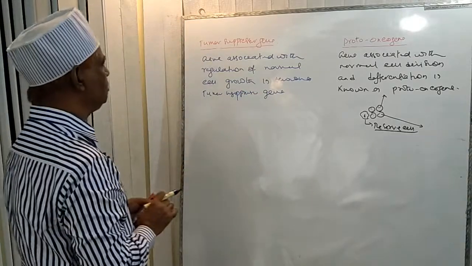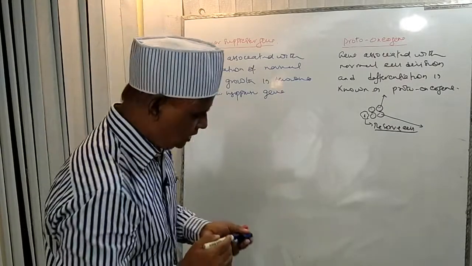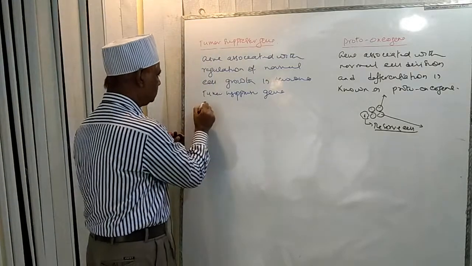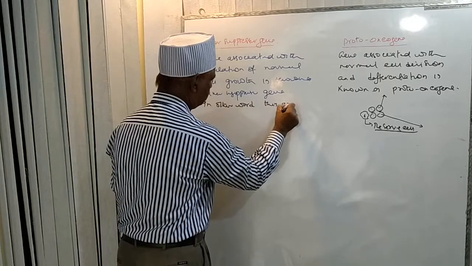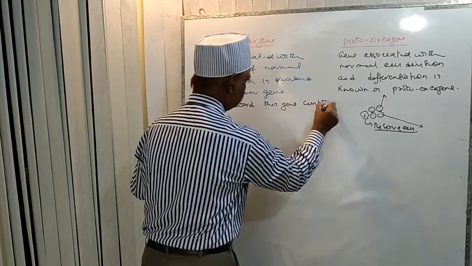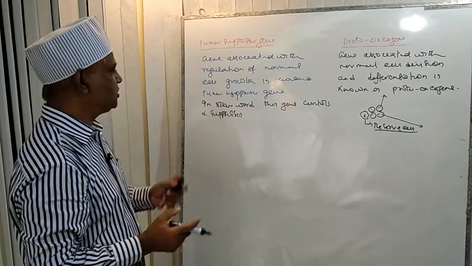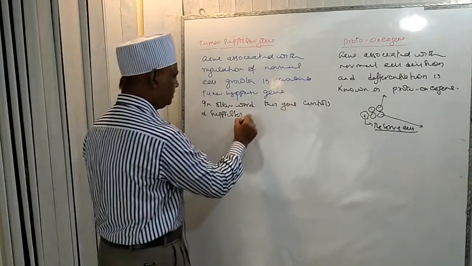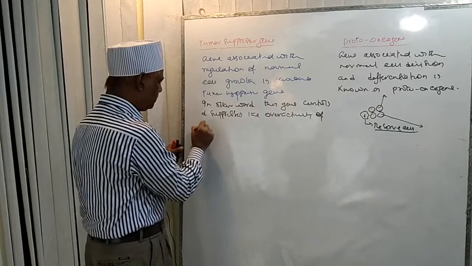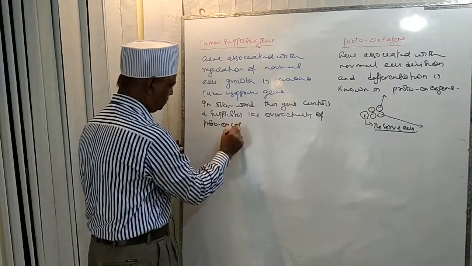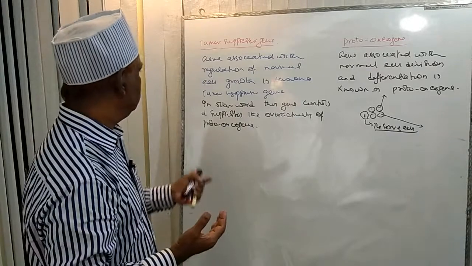So the gene associated with regulation of normal cell growth or normal cell division is known as tumor suppressor gene.